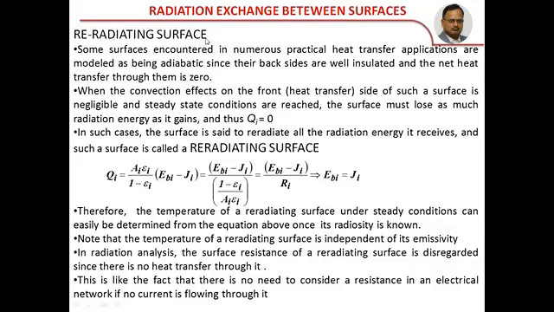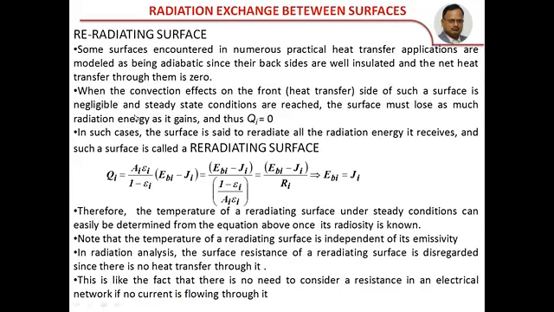Re-radiating surface. This is another concept in radiation heat exchange. Most of the surfaces in practical heat transfer are treated as adiabatic in nature. That means their rear back surfaces are insulated, and net heat transfer through the backside surface is taken as 0.